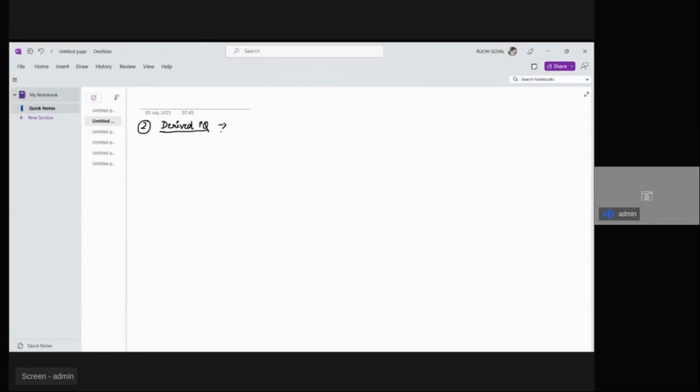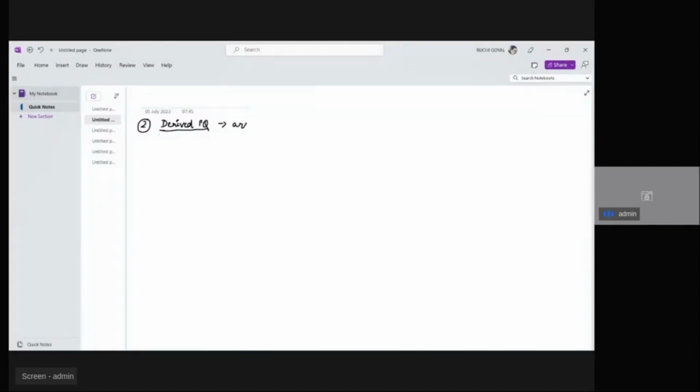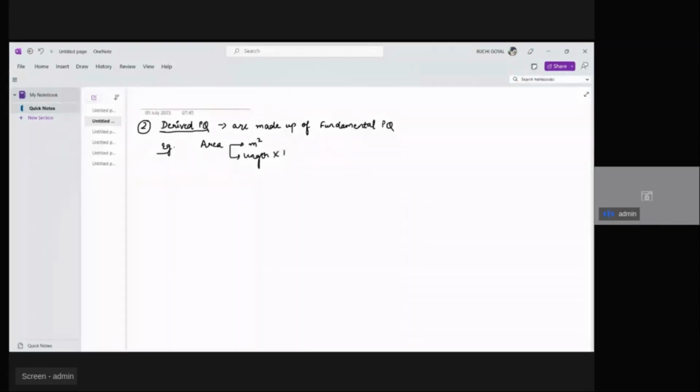So derived physical quantities are made up of fundamental physical quantities. You can take examples of this, for example area. What is area? Meter square, that is length into breadth, right?